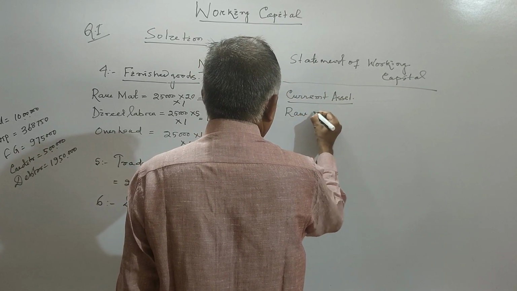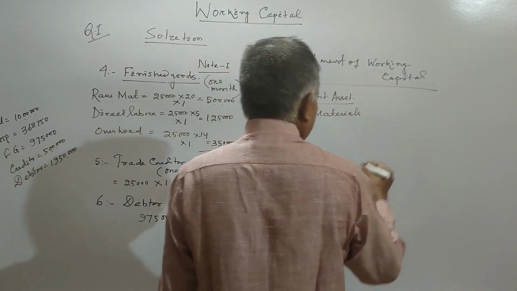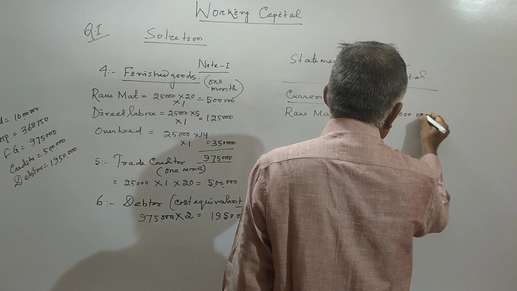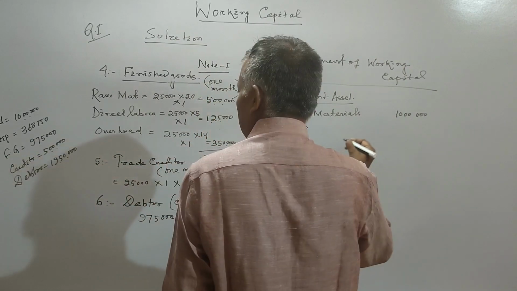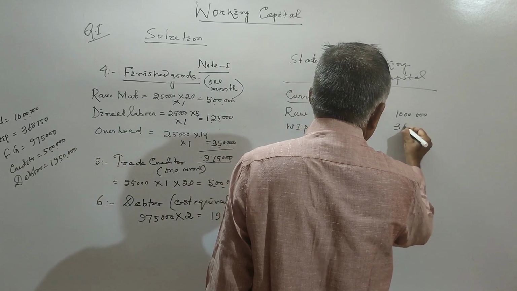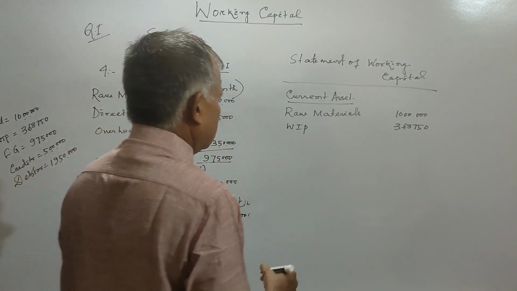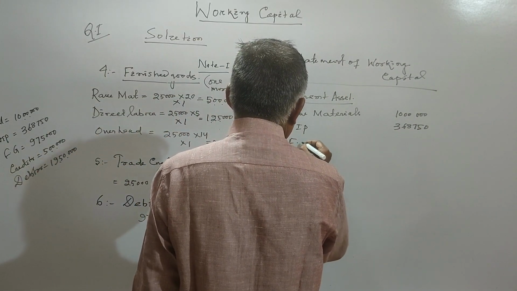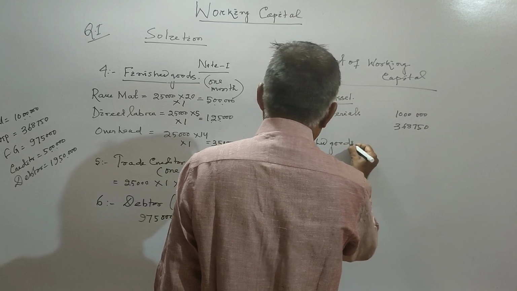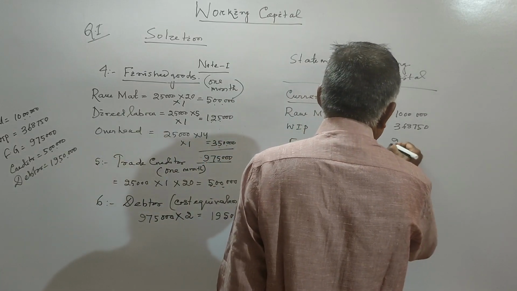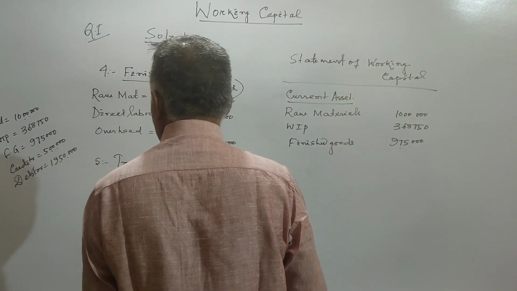Raw material, that is 10 lakhs. Work in progress, that is 3,68,750. Finished goods, comes to 9,75,000. This is your finished goods.